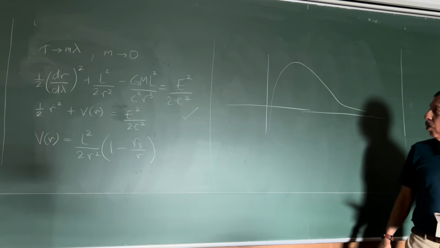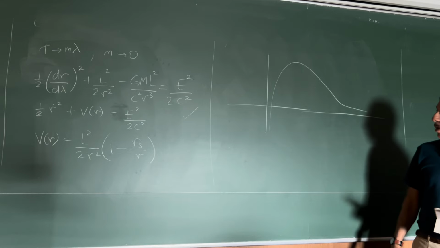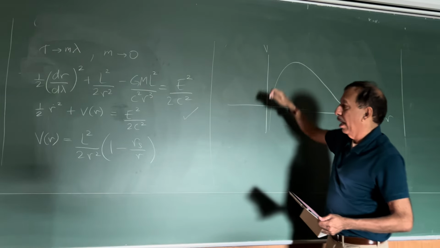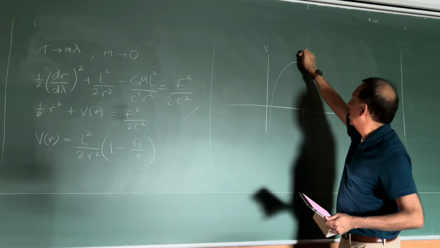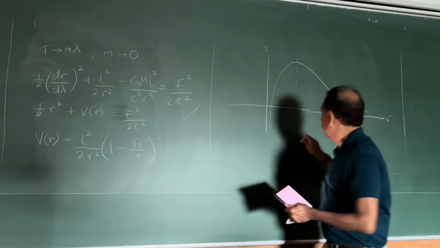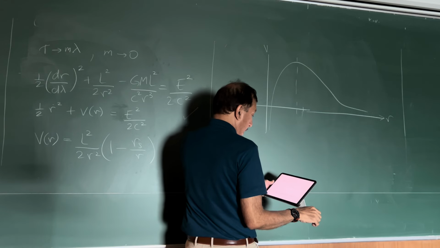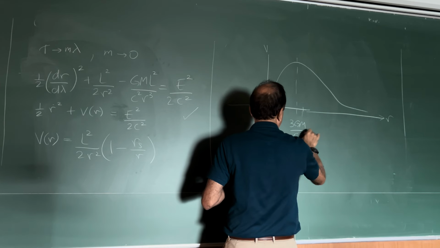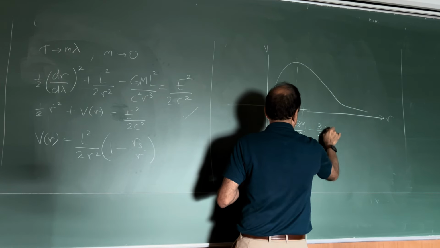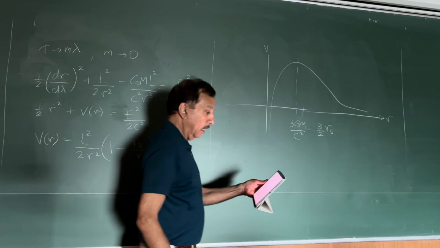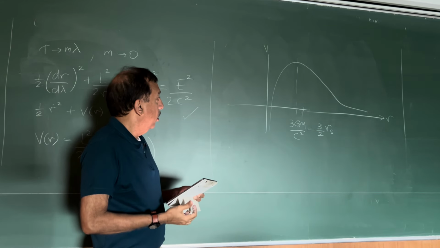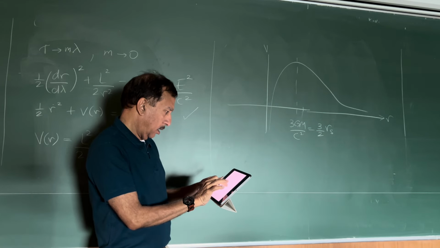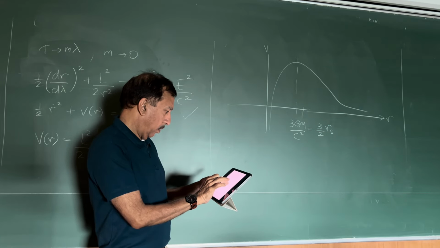So it has no minima, but it has a maximum. This is r, this is V, and the maximum comes by differentiating that and setting it to 0. And interestingly, it arises at 3GM by c squared, or 3/2 times the Schwarzschild radius. Okay, and this is a famous... have I done this right? I hope I've done this right.